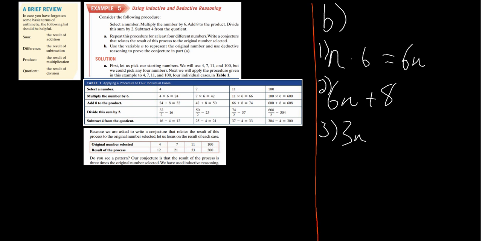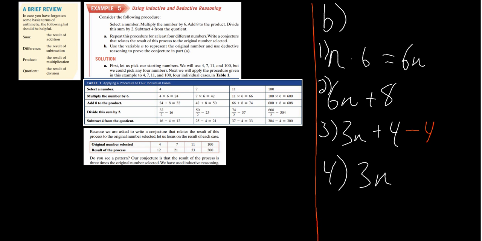So 3n plus 4. And then the last step is to subtract 4 from that quotient. So we take 3n plus 4 and subtract 4. Well, that seems pretty obvious now, doesn't it? 3n plus 4 minus 4 is simply 3n.